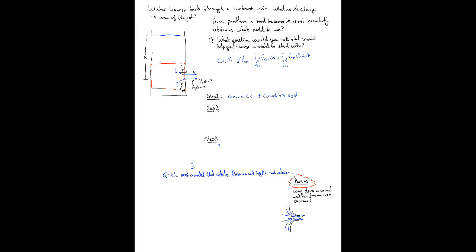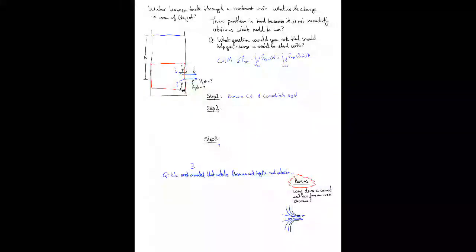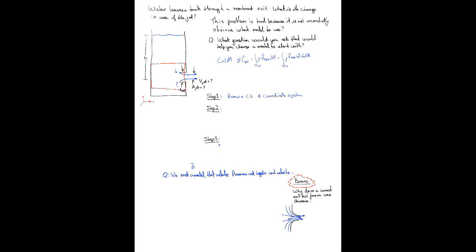So we got to draw our coordinate system, and I'm just going to draw it on our control volume. Actually, it doesn't matter. Our control volume is not moving, so I'm going to draw it over here on the right-hand side. X, Y, Z.